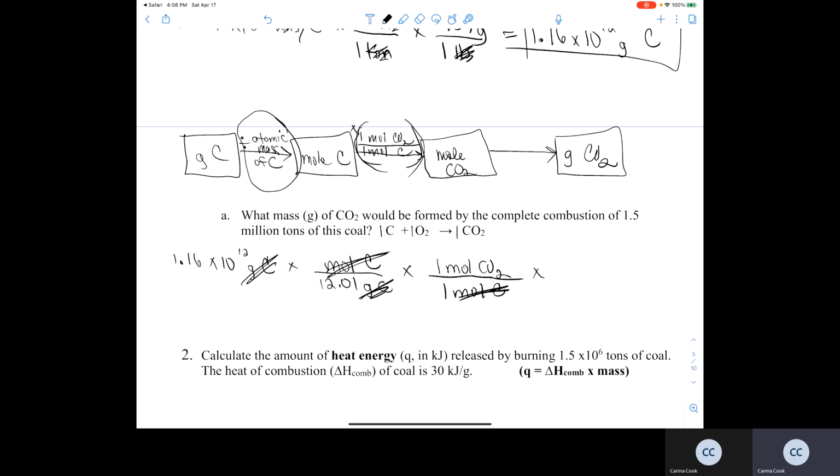Finally, CO2 has a molar mass of about 44 grams per mole, so multiply the moles of CO2 by the molar mass of CO2.